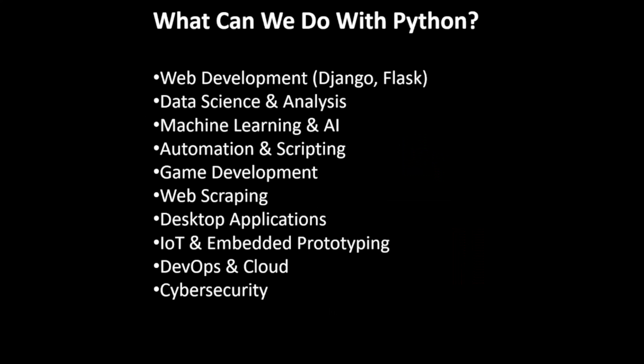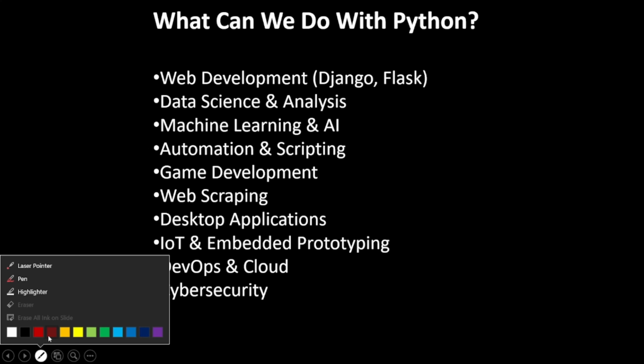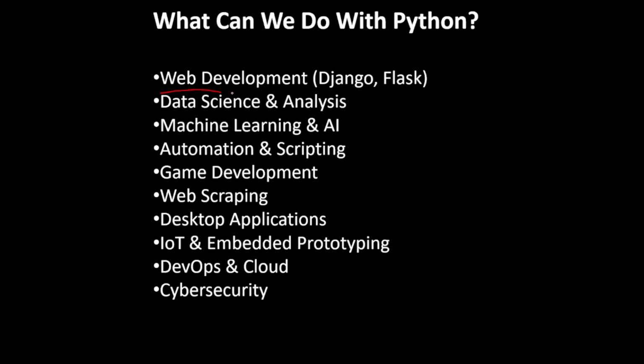So next thing, after Python, what can we do with Python? We can go to the web development field, data analysis and data science, machine learning and AI, automation and scripting, web scraping, desktop applications, IoT, and embedded systems.